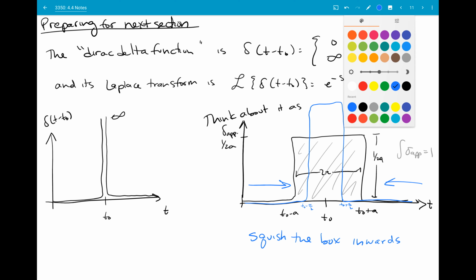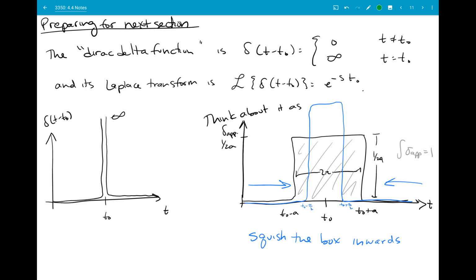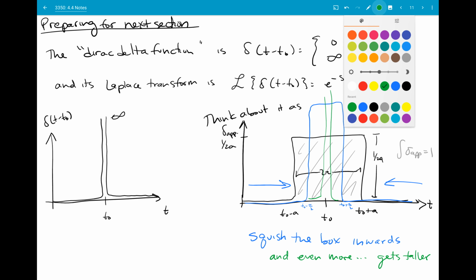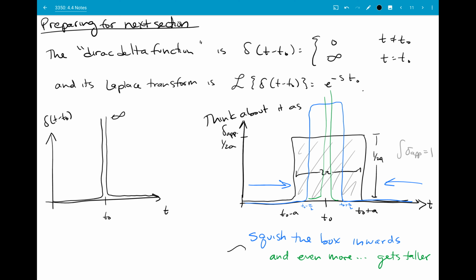And you imagine doing that again. It gets even bigger, it leaves my screen, and then gets even taller.